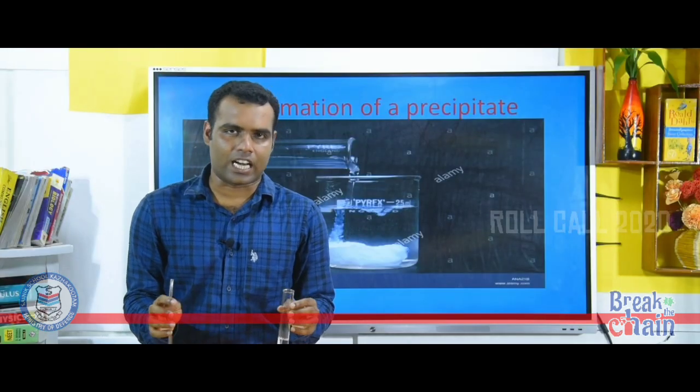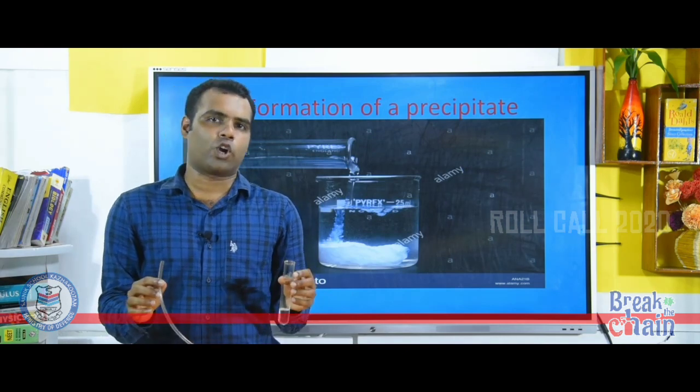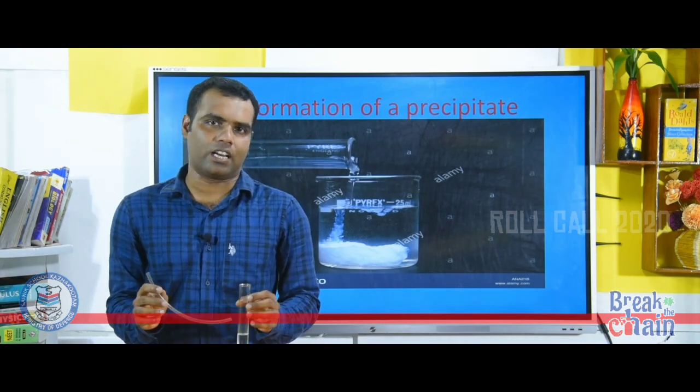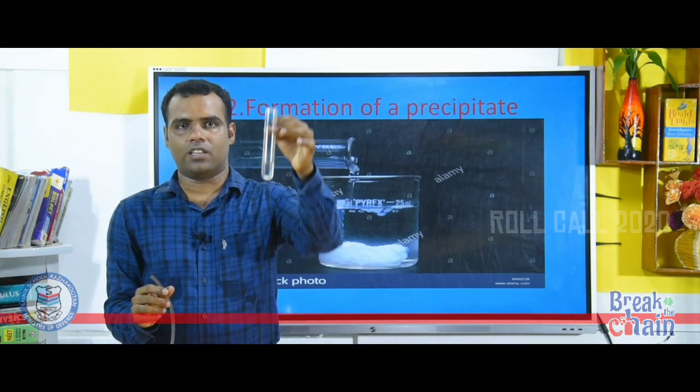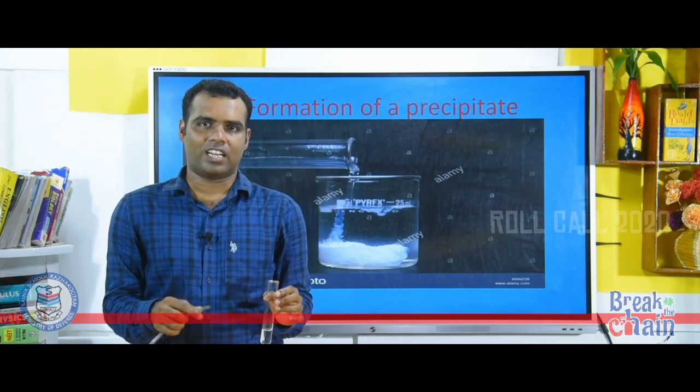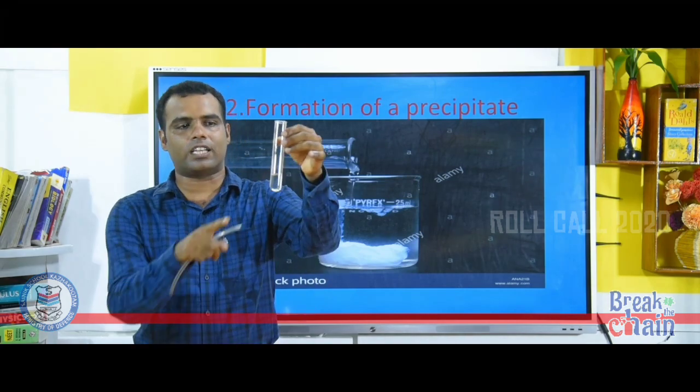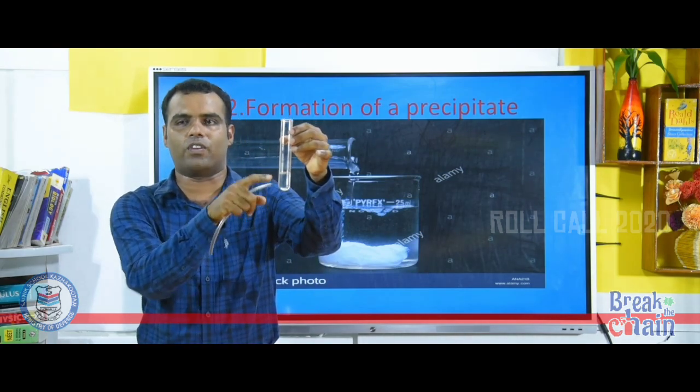Let us consider another example for the formation of precipitate during a chemical reaction. On my left hand, I have taken lime water, a clear solution. I am going to pass carbon dioxide gas through this clear solution of lime water.